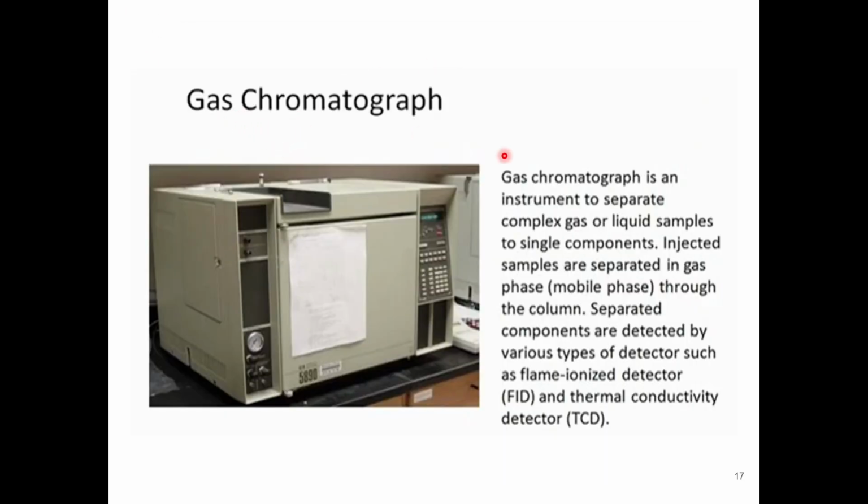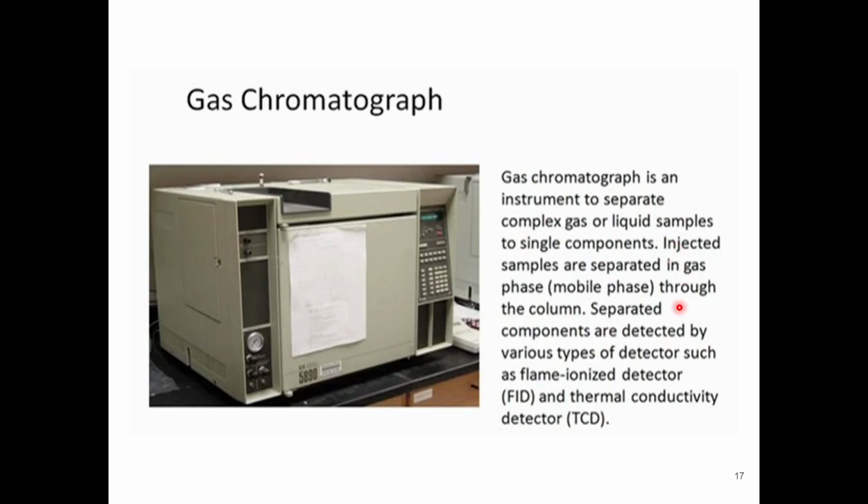Second is the gas chromatograph. A gas chromatograph is an instrument to separate complex gas or liquid samples into single components. The injected samples are separated in the gas phase, which is the mobile phase, through the column, and the separated components are detected by various types of detectors such as the flame ionization detector, FID, and the thermal conductivity detector, TCD.